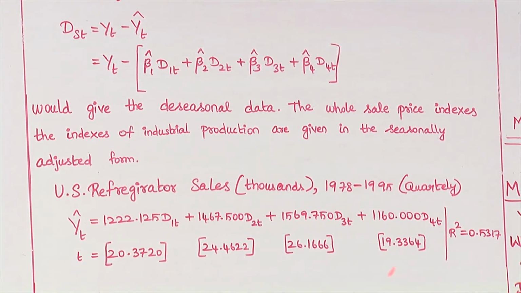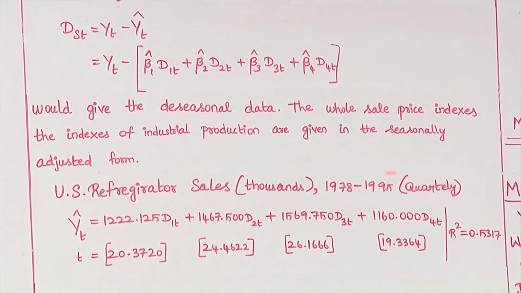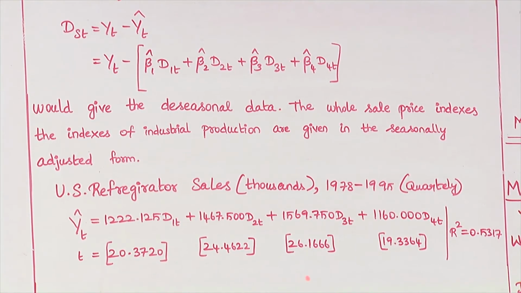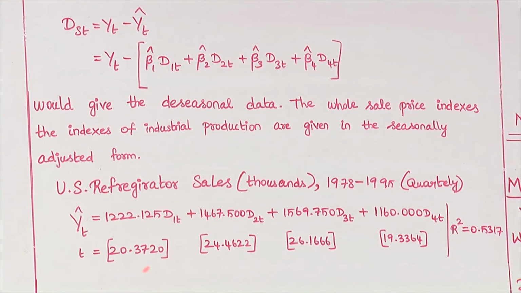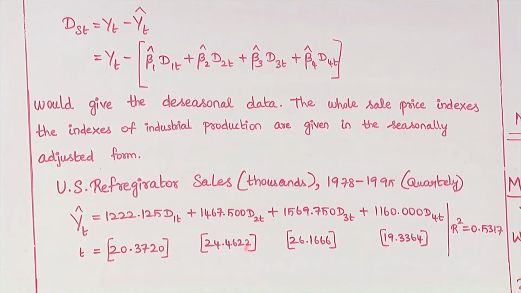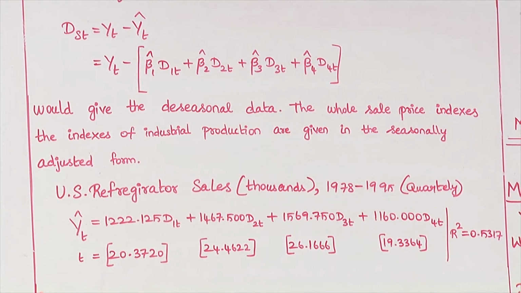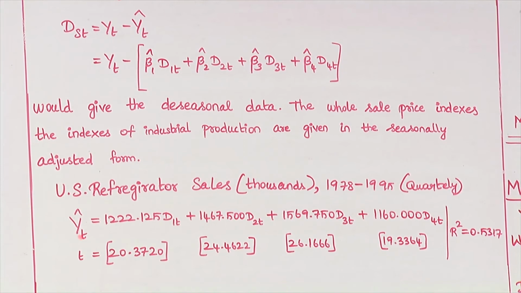in all the quarters. The seasonality element is present in all the quarters D1, D2, D3, D4. This is what the data says. So, the next step is finding yt hat for each of the values, and this can be subtracted from yt.